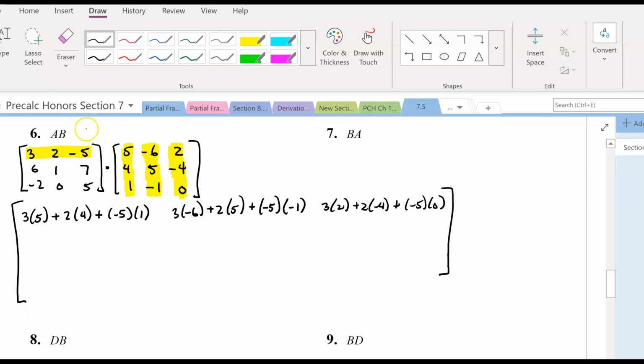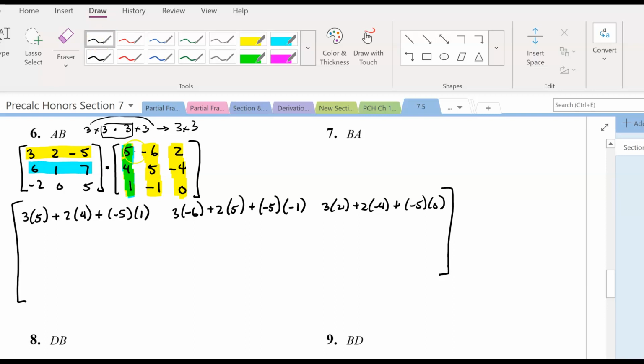So just to take a step back here, A is a 3 by 3, and we're multiplying it by B, which is also a 3 by 3. So these match, and then our solution is going to be a 3 by 3 also. All right, so we have the first row here. Now we're going to take the second row and multiply it by the first column here.